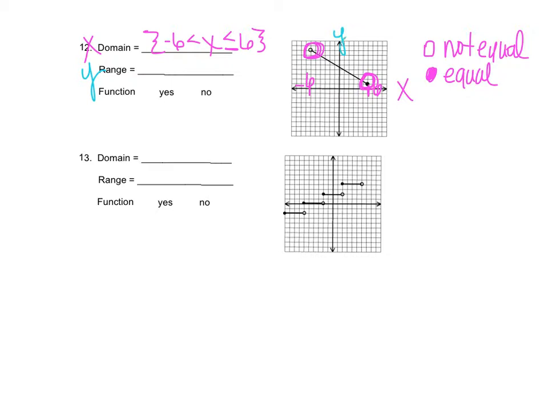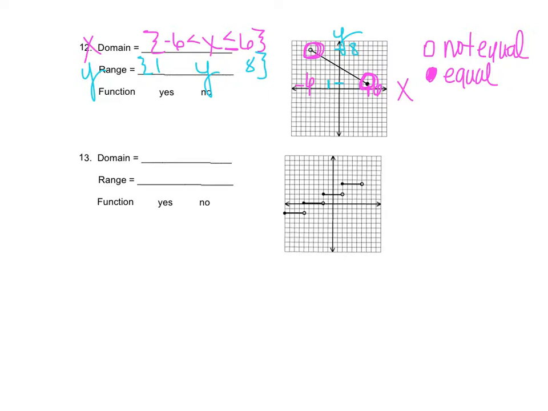The range, look at the y-axis. The smallest y value being used is a 1. And then we're going all the way up to the top to 8. So it's including all of those values. So I'm going to have a y in the middle. It goes from 1 to 8. And it includes all the points in between.